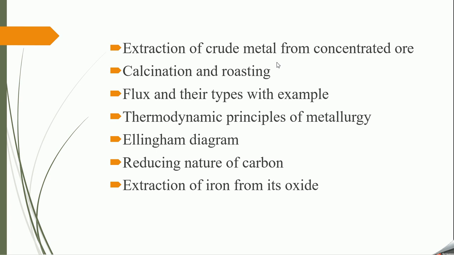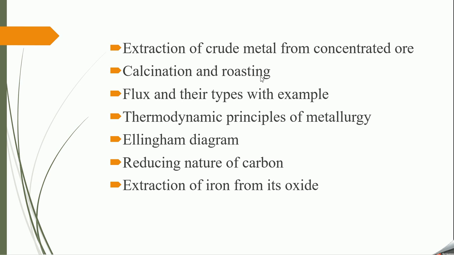And then you studied what is calcination and roasting. What is calcination? Calcination is a process of converting concentrated ore of a metal into its oxide by heating it strongly below its fusion temperature in the absence of air. What is roasting?